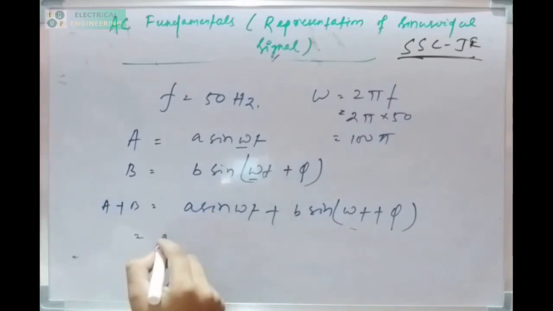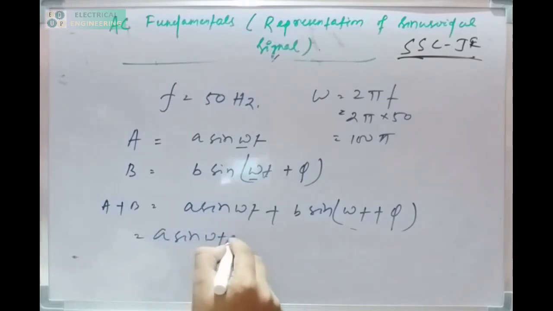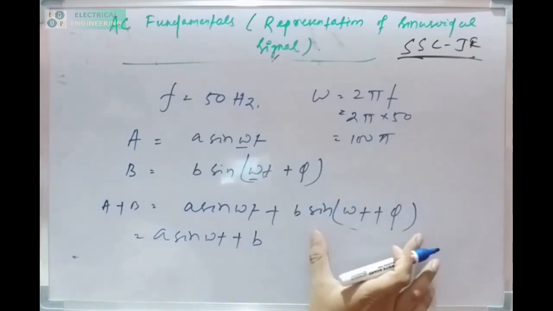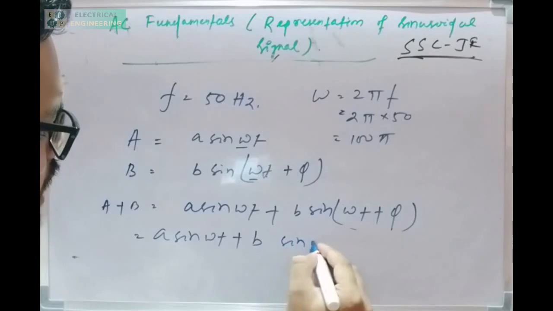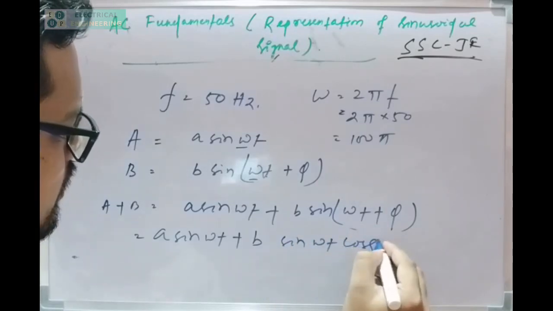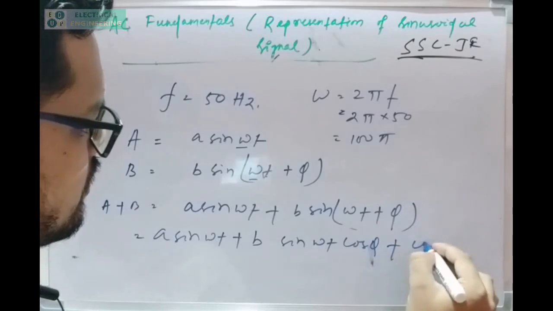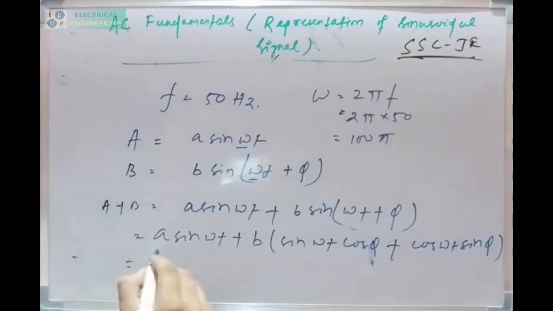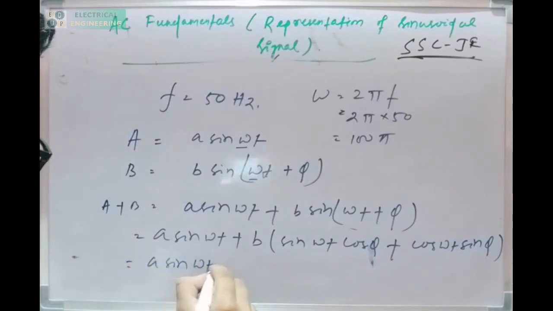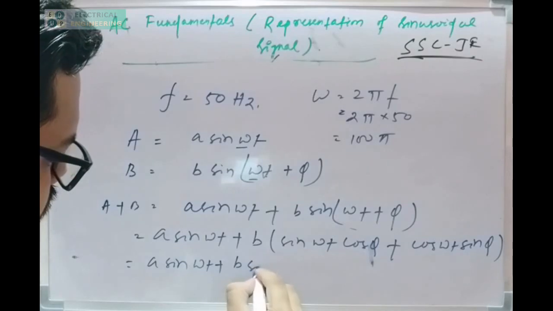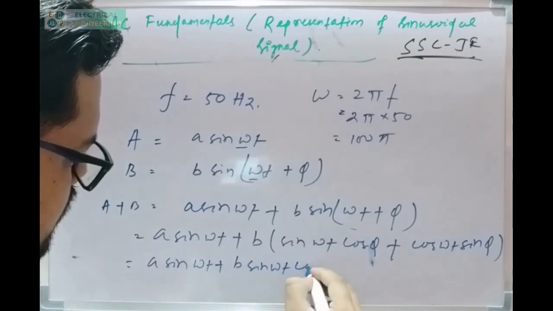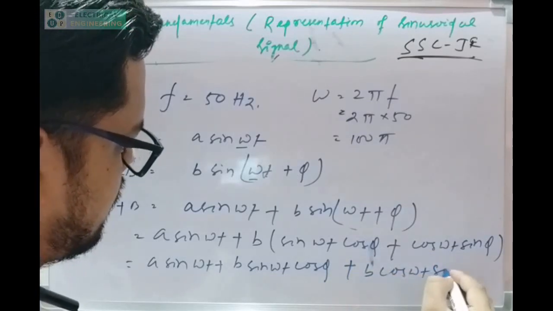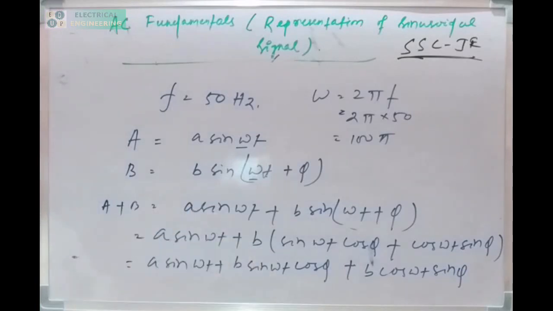If I expand this using the trigonometric formula, then it will be sin omega t cos phi plus cos omega t sin phi. So this will be A sin omega t plus B sin omega t cos phi plus B cos omega t sin phi, and it will proceed like this.